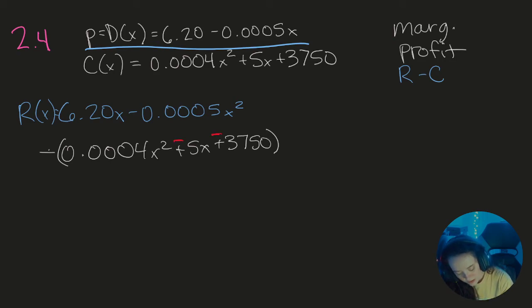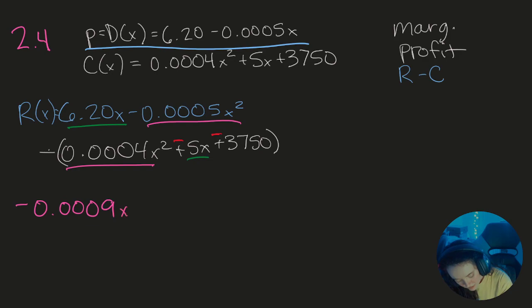Okay, so then we have like terms here and here. So we're going to put those together. And I'm going to put mine in order because I prefer it that way. So negative 0.0005x squared minus 0.0004x squared is going to be a negative 0.0009x squared.